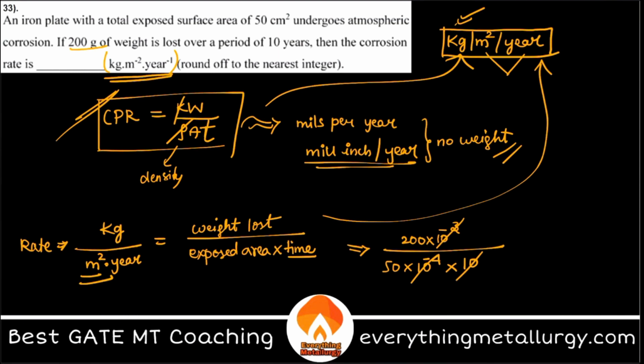Now 200 by 50, which is what? 4 kg per meter square per year. This is your corrosion rate. So what we did here, you are actually taking into account the given values and the wanted unit, which makes it easy for us, right?